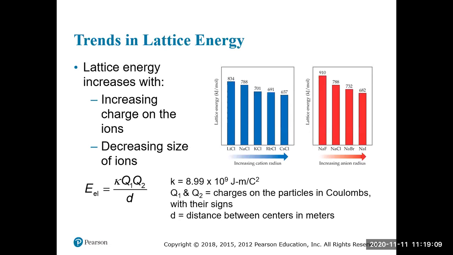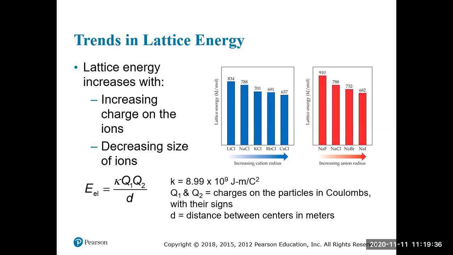When we think about lattice energies, there are a couple of trends that are important. One is that the lattice energy increases as we increase the charge on the ions. What that means is if your ions are, say, +2 and -2, that's going to take more energy to break apart than if the ion charges were +1 and -1.